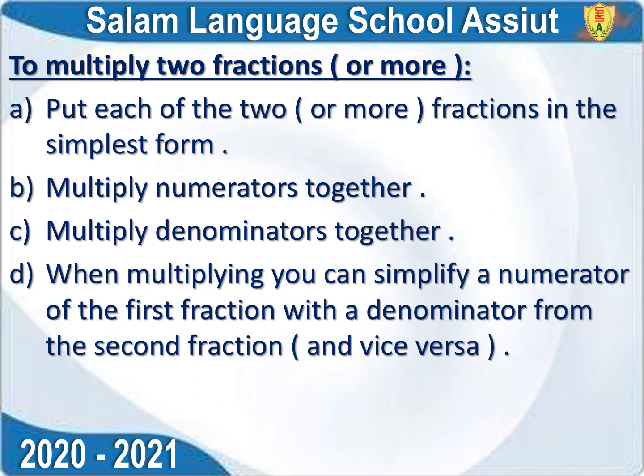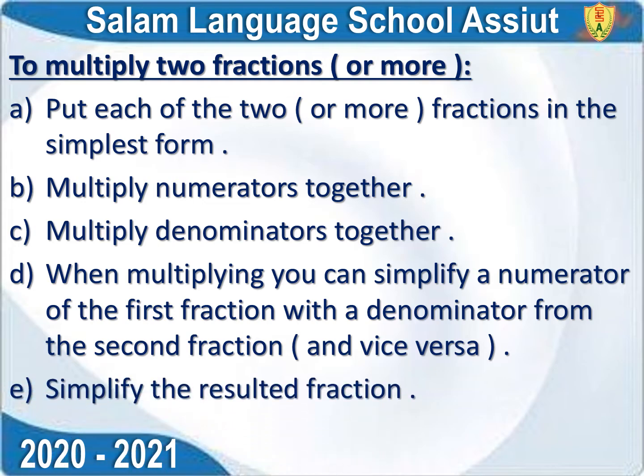D. When multiplying, you can simplify a numerator of the first fraction with a denominator from the second fraction. يعني مش شرط أثناء المسألة إني أعمل simplifying للنمبر اللي فوق مع اللي تحته على طول، مش لازم نفس النيوميريتور والدينومينيتور لنفس الفراكشن، ممكن النيوميريتور الأولاني مع الدينومينيتور بتاع الفراكشن التاني أو العكس. طبعا هنفهم كل الكلام ده بإكزامبل.